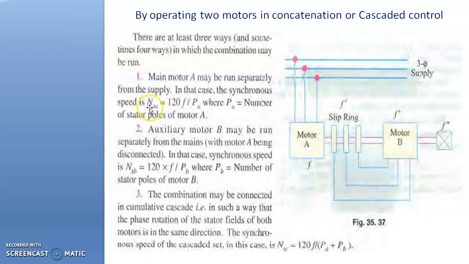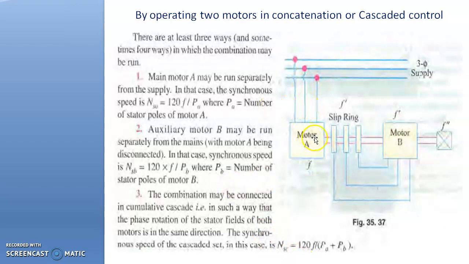One is based upon NSA, the second is based upon NSB, and the third and fourth depend upon NSC, equal to 120 F divided by PA plus or minus PB. How you can prove these two speeds is what we are now going to see in detail.